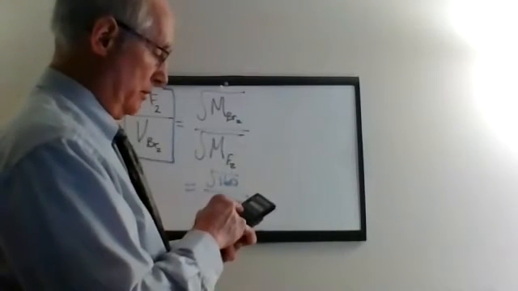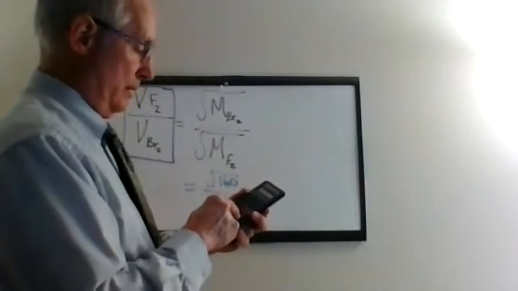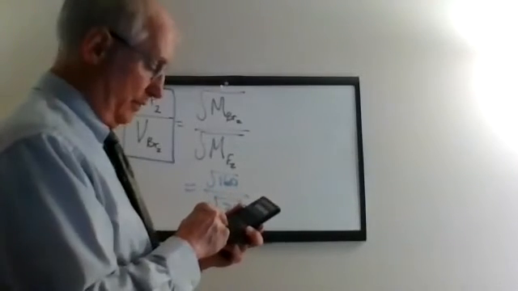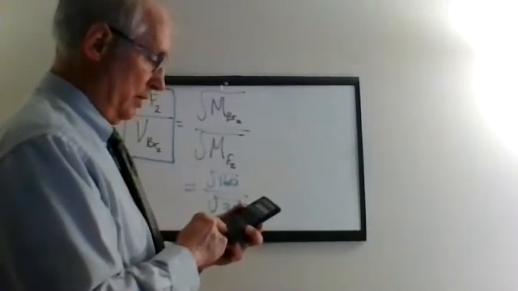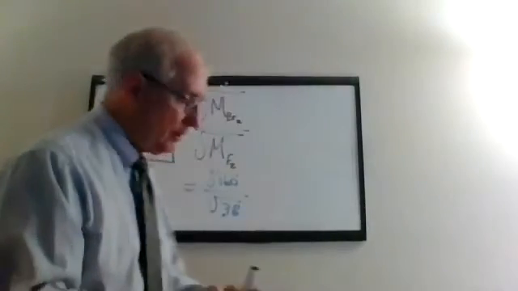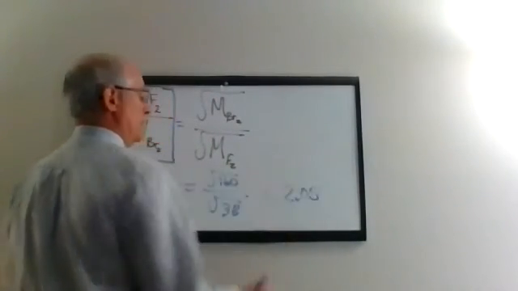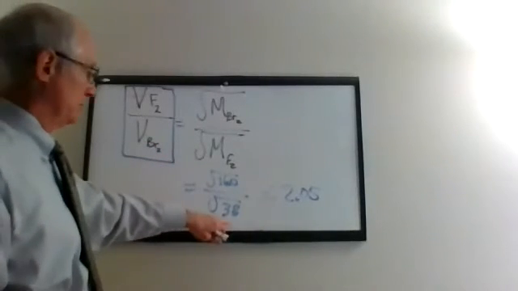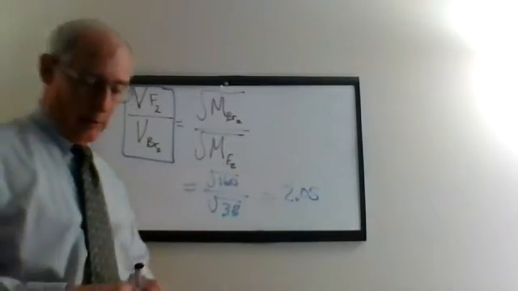Where's my square root button? There it is. 12.64 divided by the square root of 38. And that equals 2.05. And your answer is 2.05 times faster. So fluorine, because it's smaller molar mass, will diffuse twice as fast as this bromine, which is a bigger molecule.